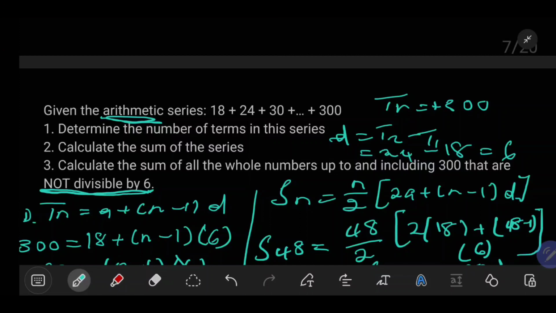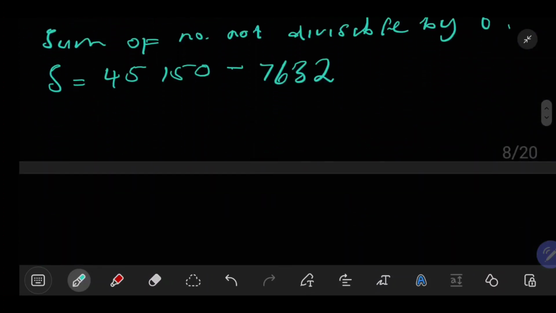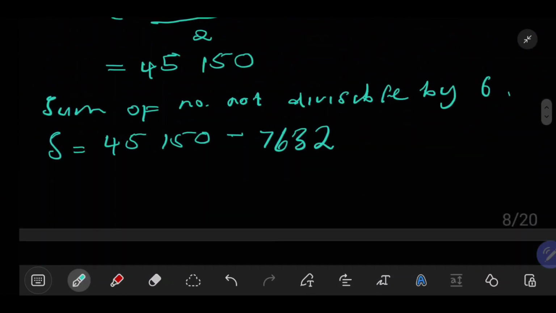So from 1 up to 18, we have 6 which is divisible by 6. We also have 12 which is divisible by 6. And then from 12 we are having 18. So we took from 18 to 300. So it means we must also subtract 6 and 12.